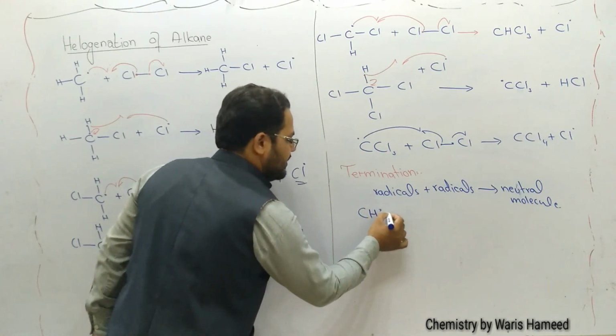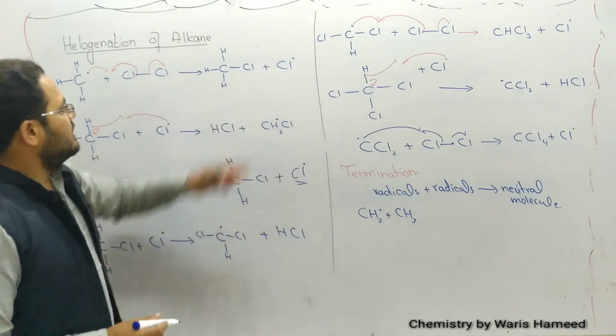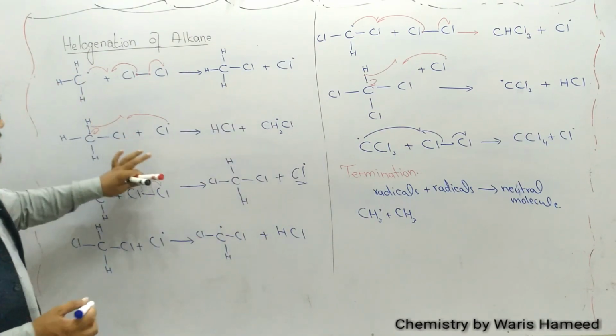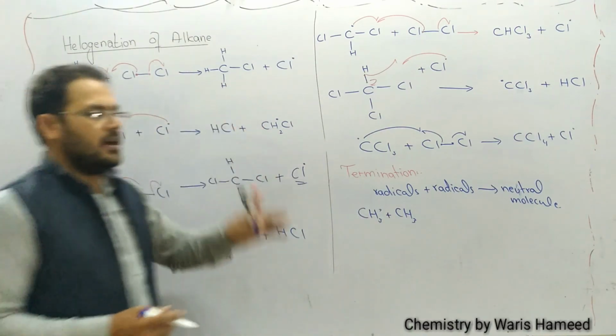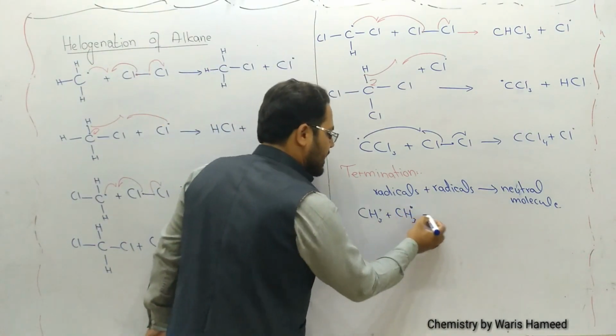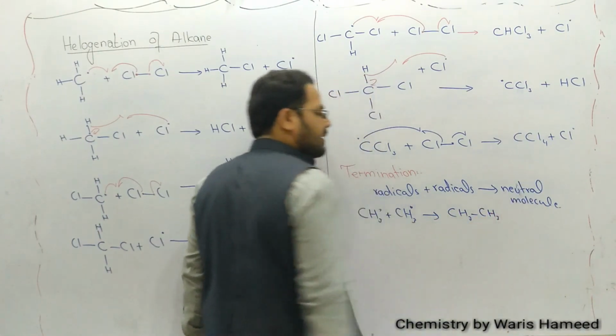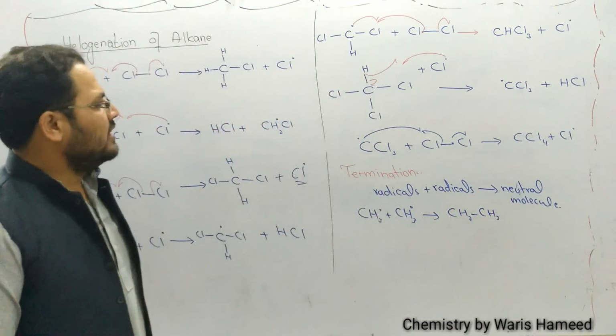CH3 radical can react with another CH3 radical. We can see that CH3 is formed during the first step that I have erased from the whiteboard. These two radicals can form CH3CH3, an alkane. It's ethane.